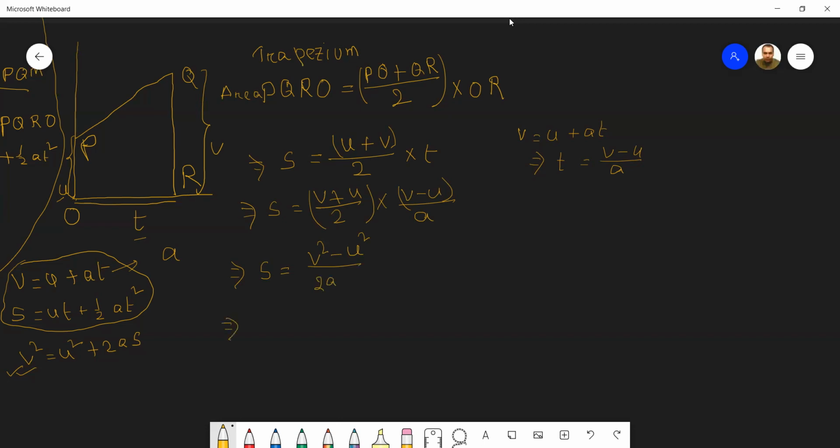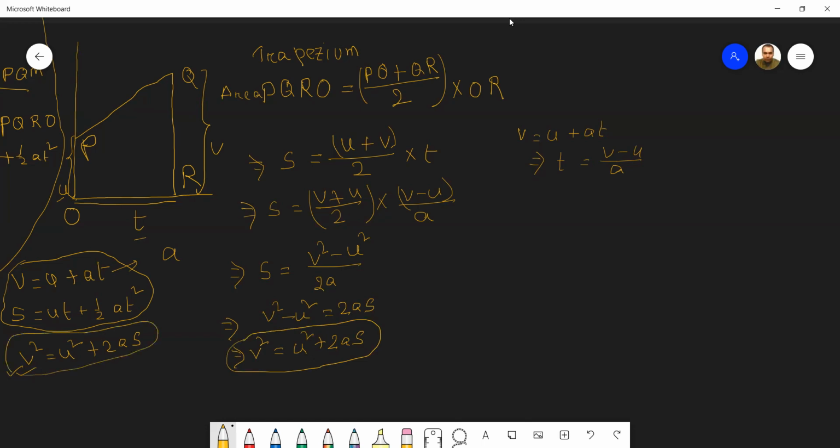So what do we get from here? V square minus U square is equal to 2AS. Or in other words, V square is equal to U square plus 2AS. So this is the third equation of motion as we had to derive, okay?